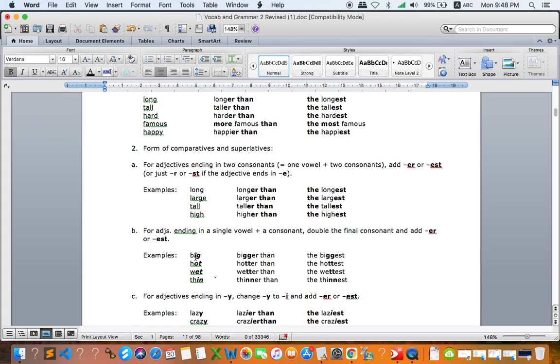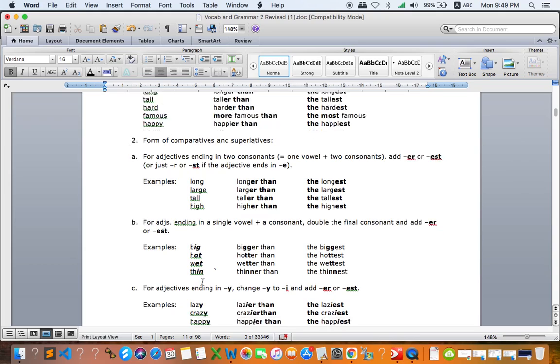Actually it's CVC. We have to add the final consonant whenever you make a comparison. Bigger than or the biggest. It's like hot: is it C, V, C, consonant, vowel, consonant? So you have to double the final consonant. As you can see right here, we have double T. The same thing with thin.